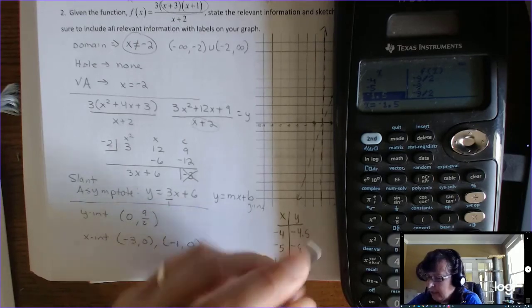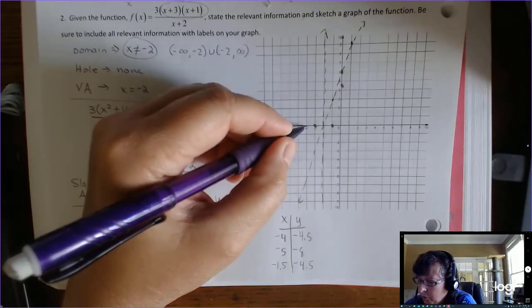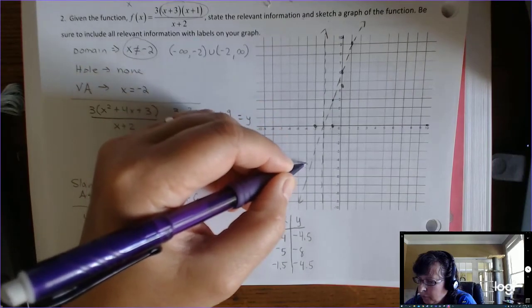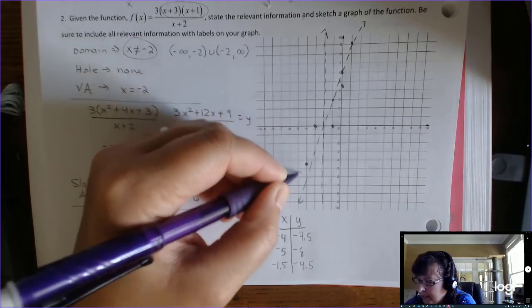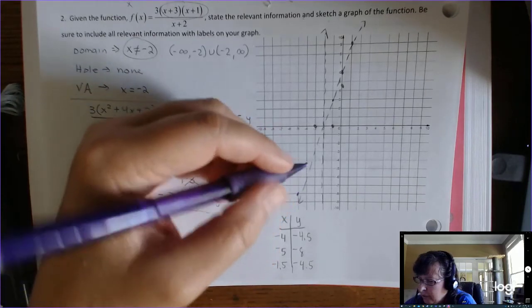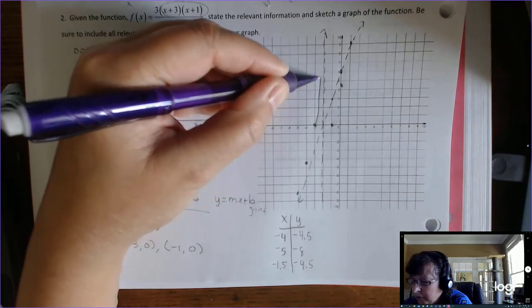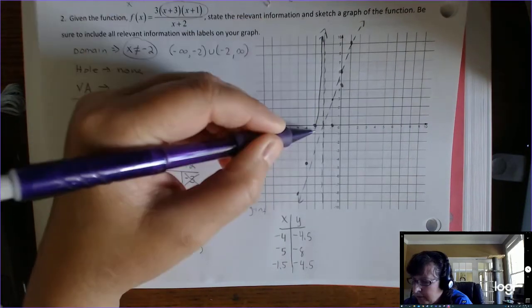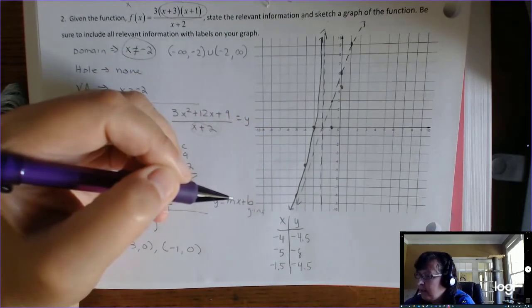-4.5 again. So if we plot these points, so (-4, -4.5), (-5, -8), you can see what's happening. As x gets close to -2, we know what's going to happen. It's going to hug the vertical asymptote. And you can see that it's trying to hug that vertical asymptote.